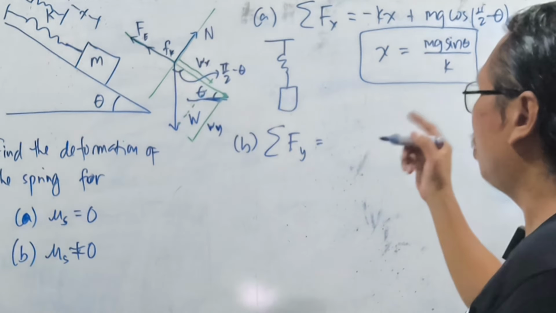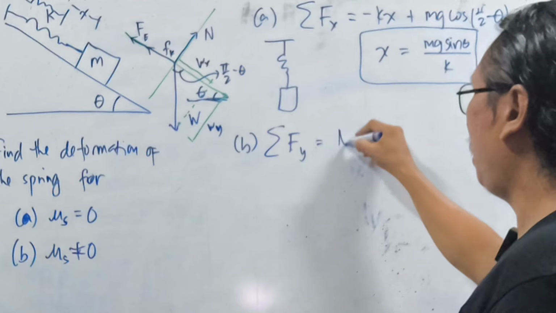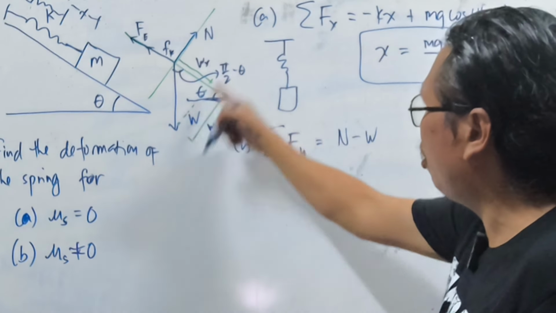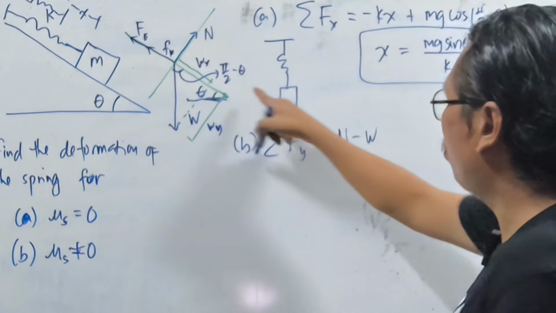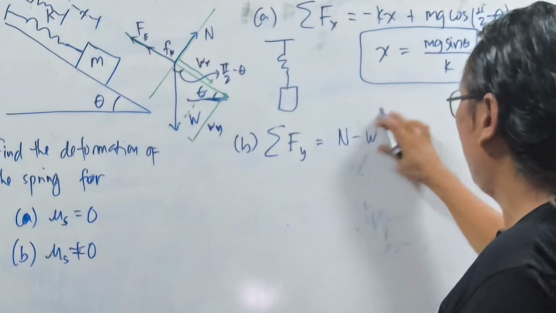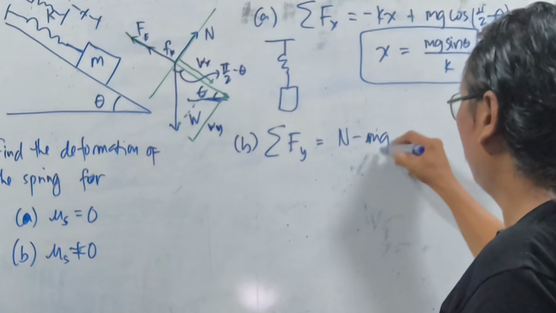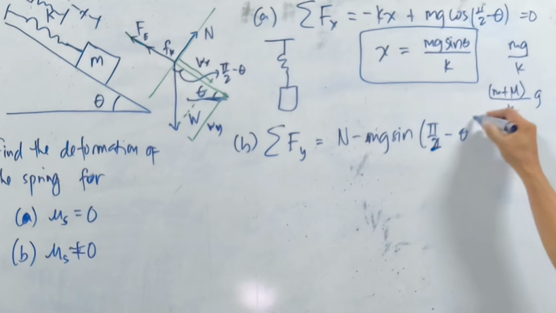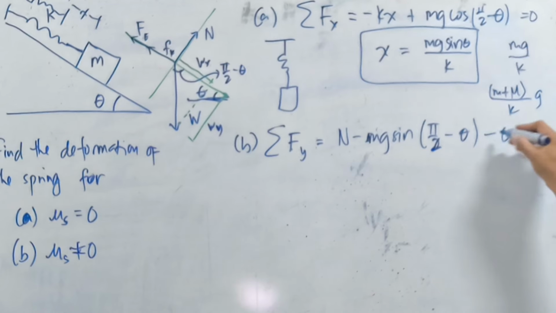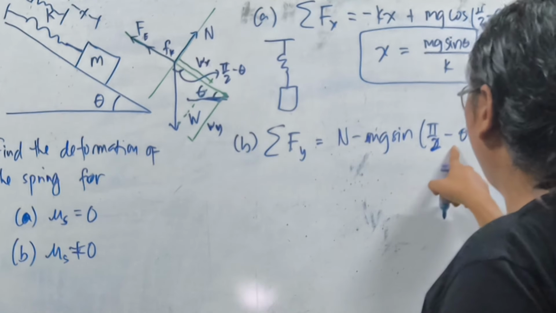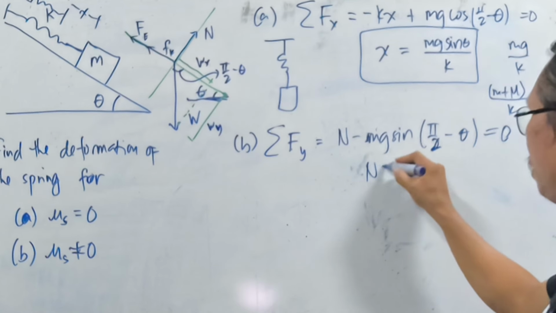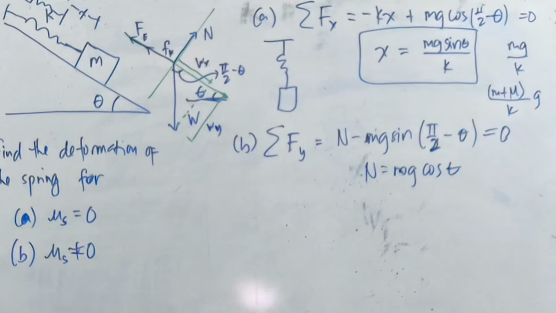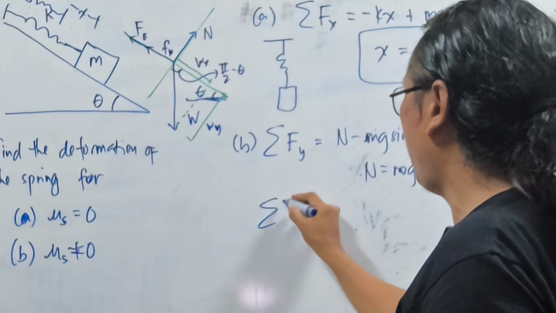So we solve for N minus weight y, which is mg sine of pi over 2 minus theta, and this is equal to 0. Notice that sine of pi over 2 minus theta is just cosine of theta, so N is equal to mg cosine of theta. Now we are ready for the sum along x.